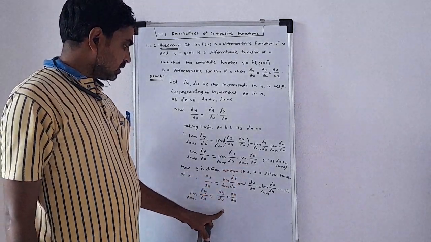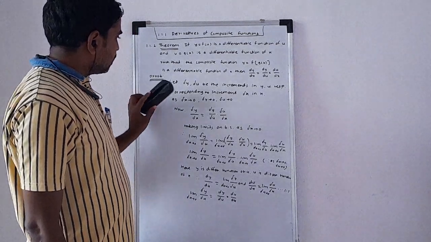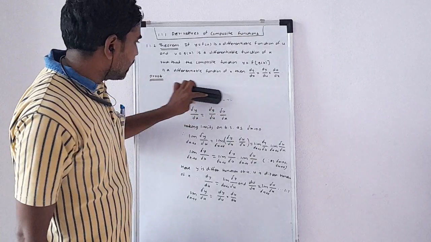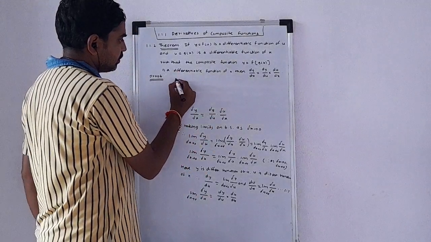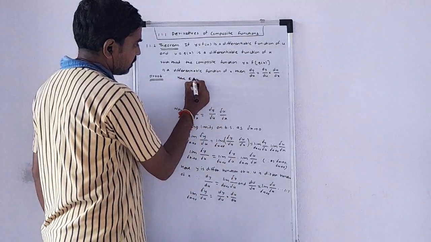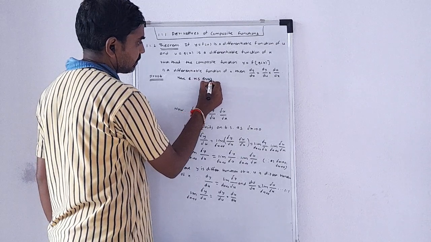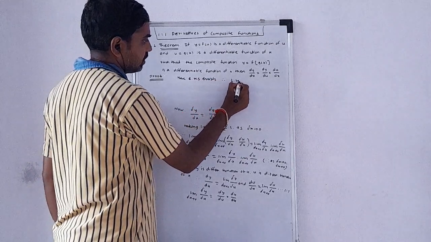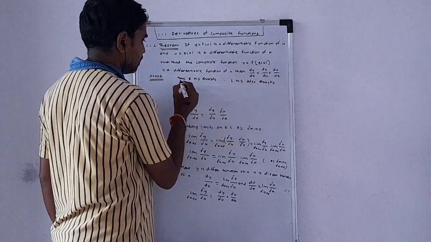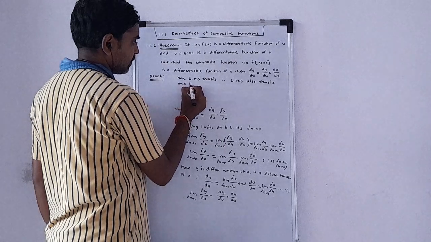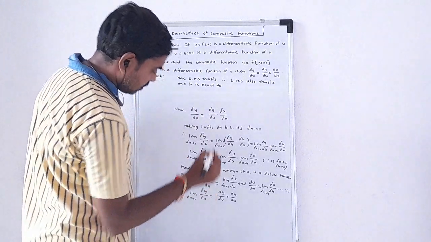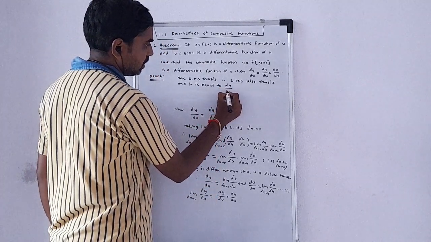Therefore, the left side also exists, and it is converted into the required result, dy by dx.